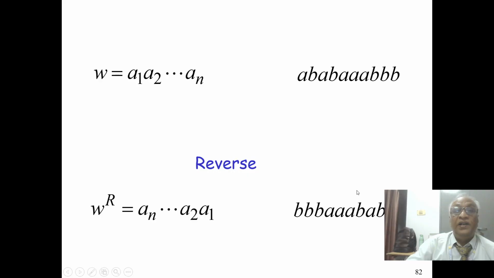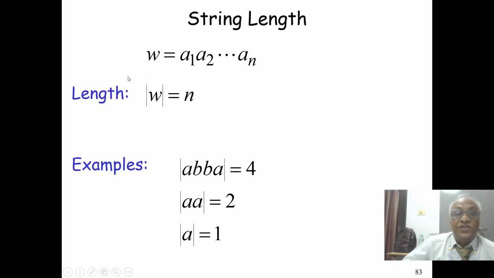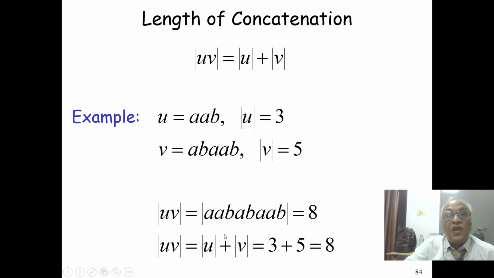We'll be concatenating them. We'll also be performing the reverse operation. The length of ABBA is 4, length of AA is 2, length of A is 1, like that. So length of concatenation also, let us say string U length is 3, string V length is 5. So the length of concatenation is 8.